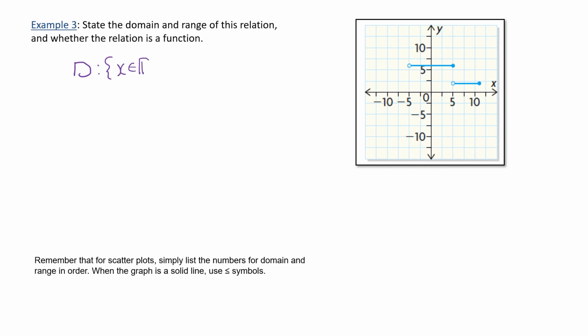Because if I look at the x values in this piece right here, between 0 and 1, we've got 0, we've got 0.1, 0.2. It's a solid line. So the solid line means all of the numbers between 0 and 1 are part of the question. All the decimals, all the fractions, all the little bits. So that's why we're saying real numbers there. So x is an element of real numbers.